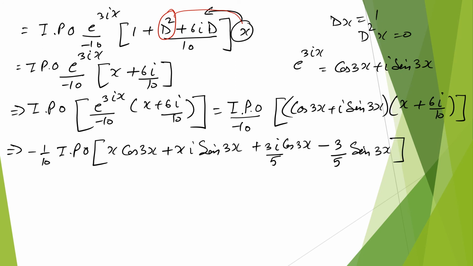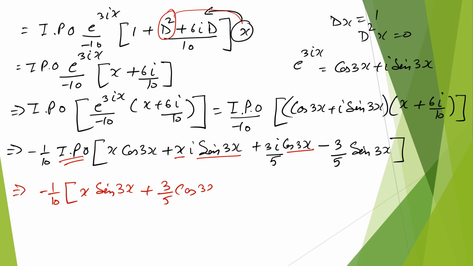Now we only focus on the imaginary part. So the imaginary parts are x sin 3x and 3 by 5 cos 3x, that will be minus 1 by 10 into x sin 3x plus 3 by 5 cos 3x.